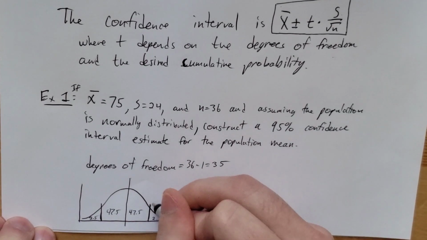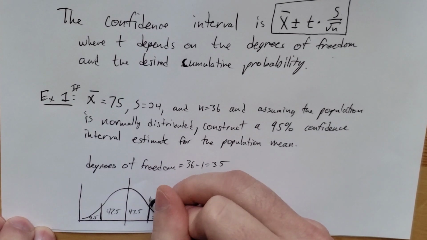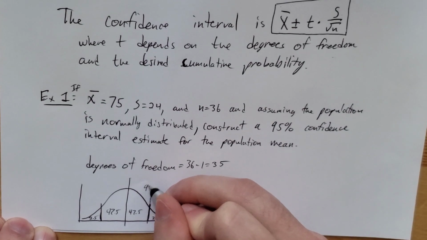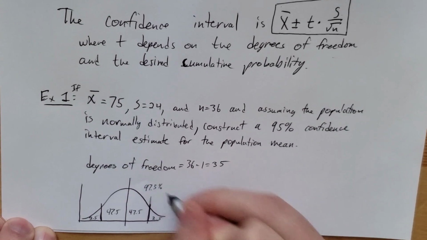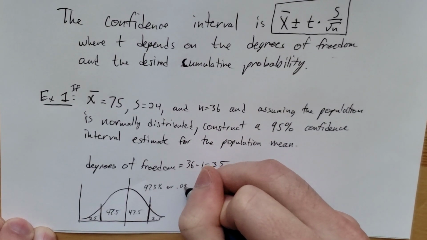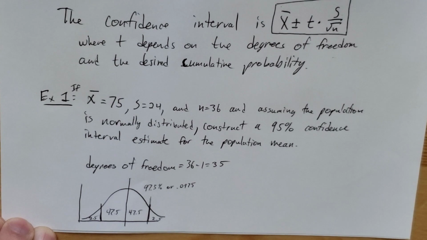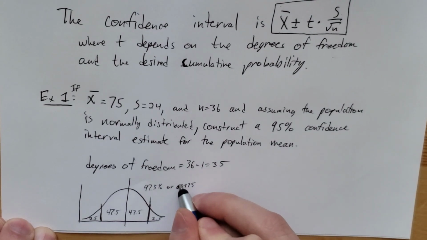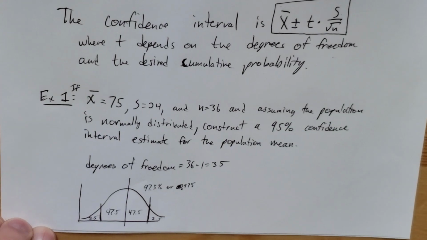So the z-score we had used was for a cumulative probability of 97.5%, or 0.975.